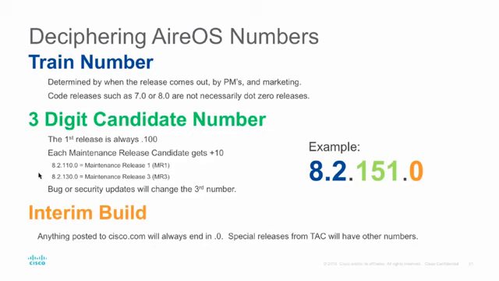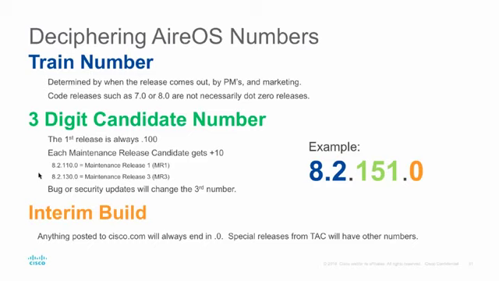The first release of a build is always a .100, and then every time that our product team issues a maintenance release, it gets 10 added to it. So for example, 8.2.110.0 is the first maintenance release for 8.2.